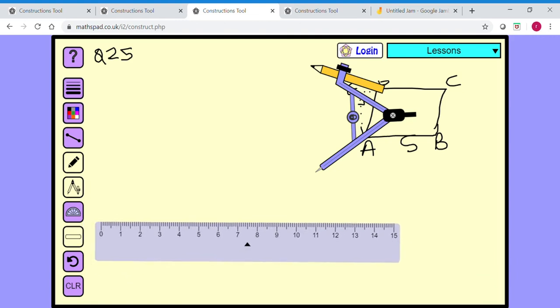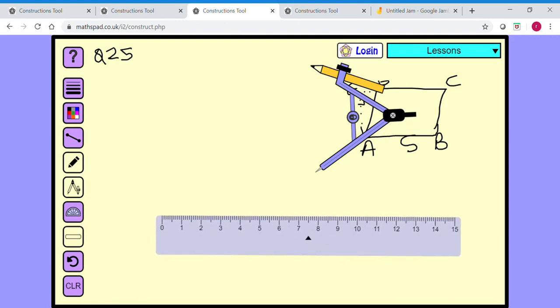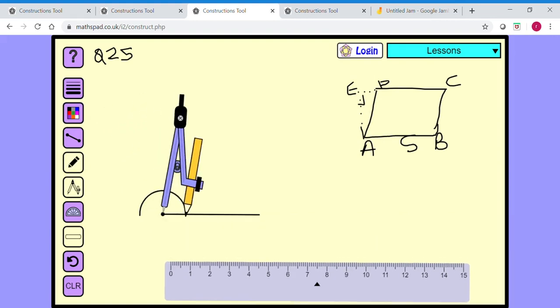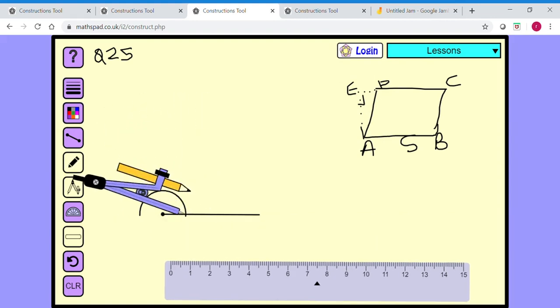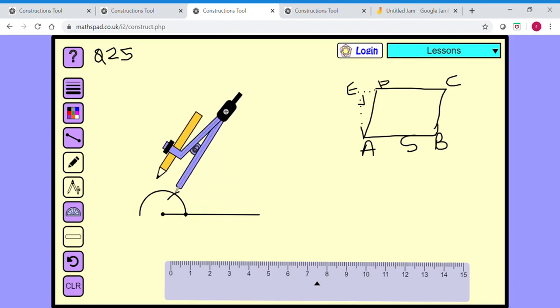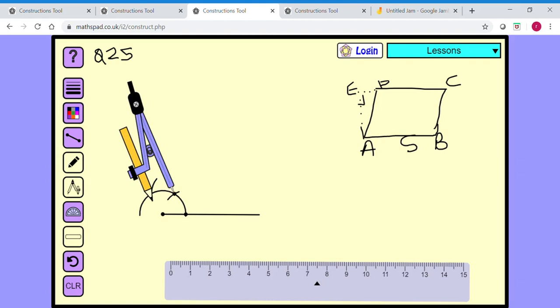My mistake. 5 centimeter. I will do this quickly. Open the compass. Keep it here. Make a semicircle. Without changing span, keep it here. Mark 60-degree. Without changing span, keep it at 60. Mark 120.